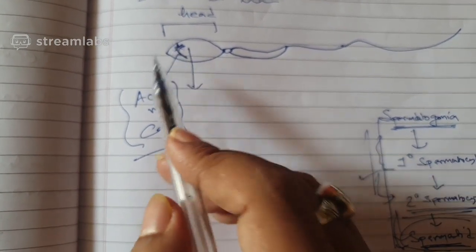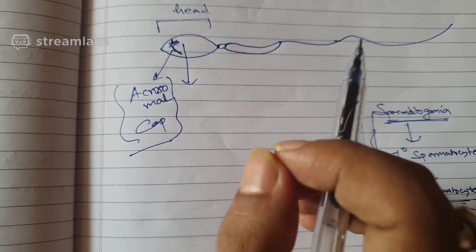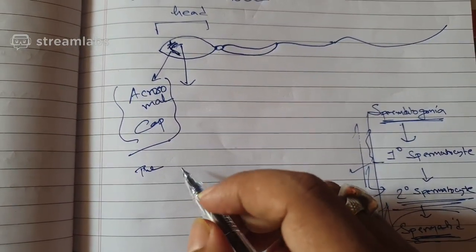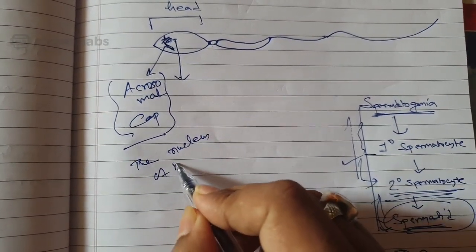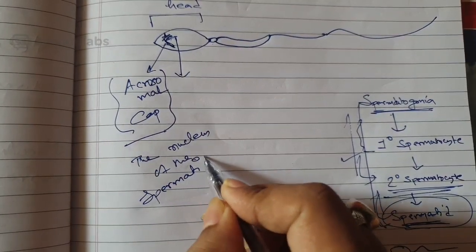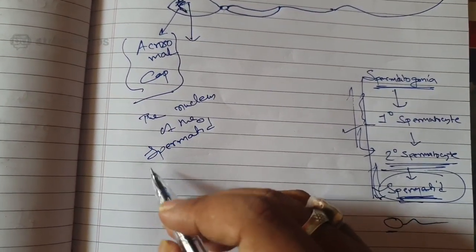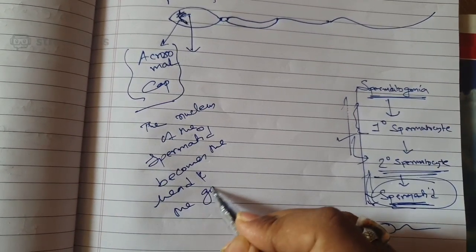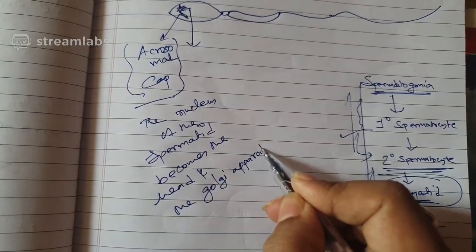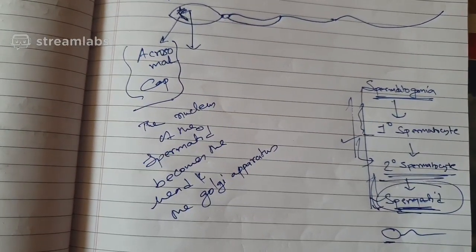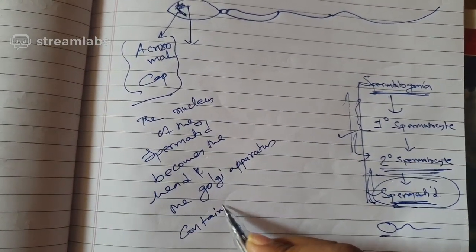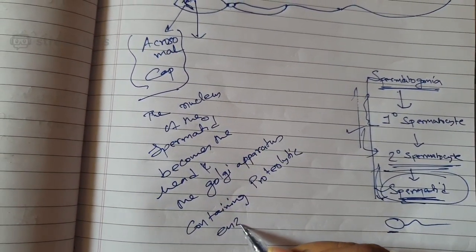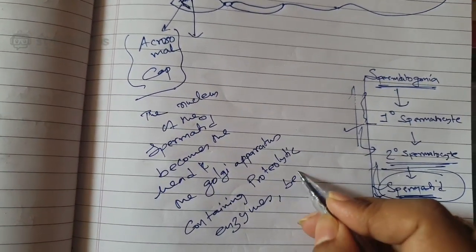The Golgi apparatus of the spermatid, containing proteolytic enzymes, becomes the acrosomal complex, the acrosomal cap.